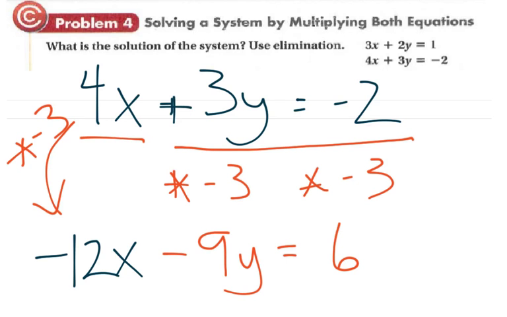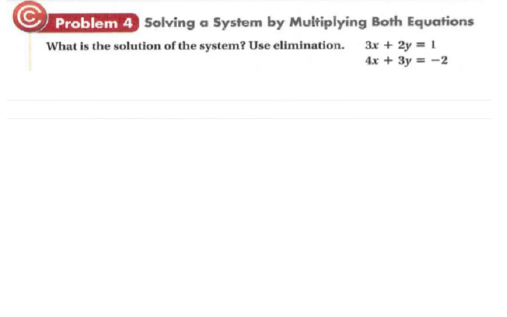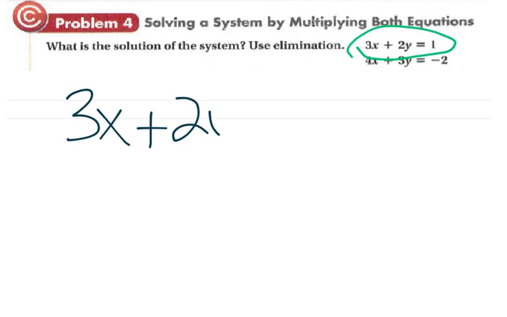So coming back to the original equations, which one do you want to pick? Let's just pick the first one. It looks pretty easy. So we have 3x plus 2y equals 1. And what we know is that y equals negative 10, right?